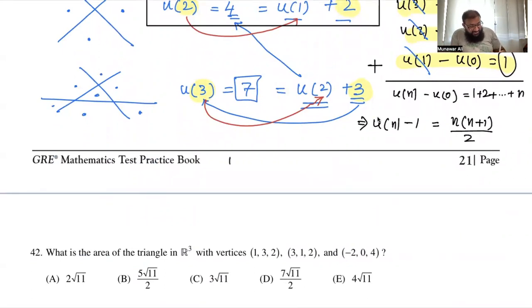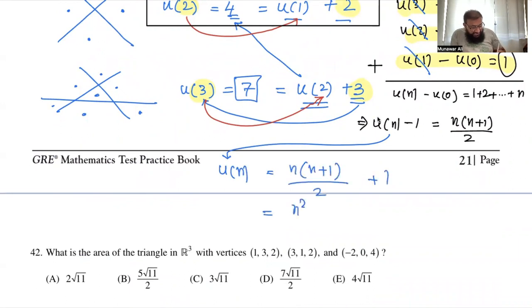You can take the 1 to the other side. So u of n equals n times n plus 1 divided by 2 plus 1. And if you simplify, you'll get n square plus n plus 2 divided by 2. Yeah.